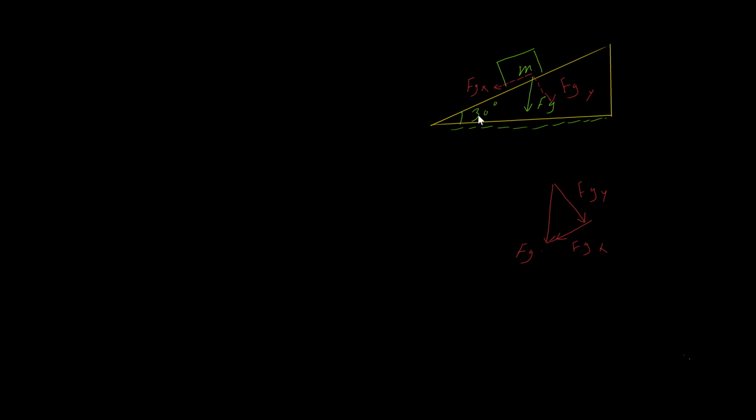If that angle is 30, from here, that is the right angle, which is 90 degrees. And this angle is going to be 90 minus that, which gives us 60 degrees.